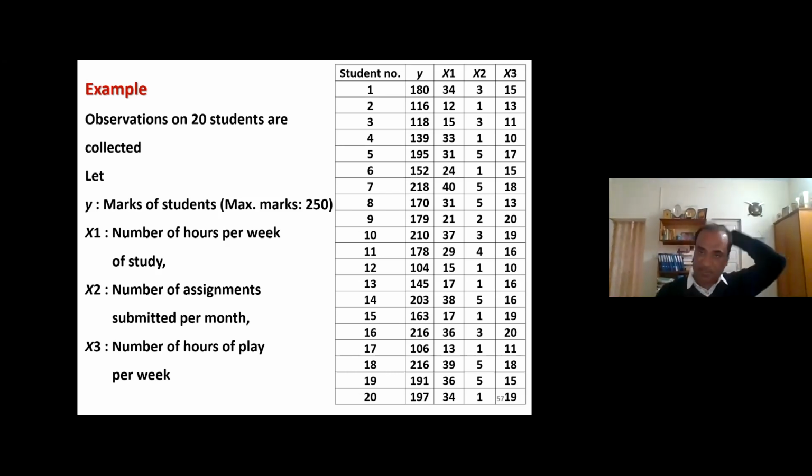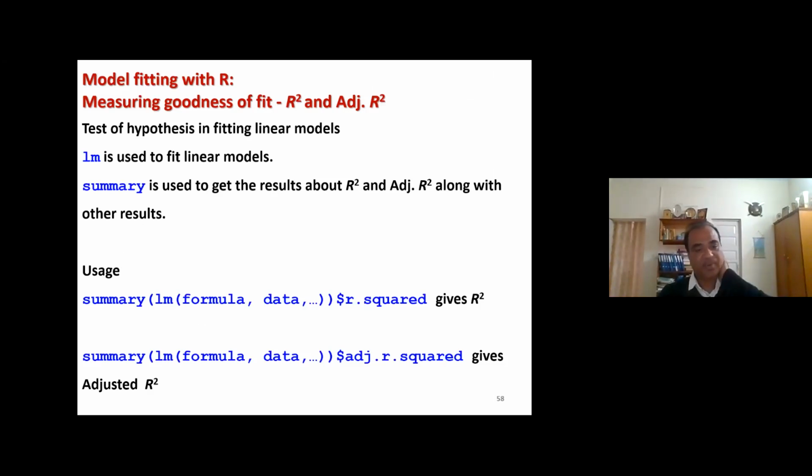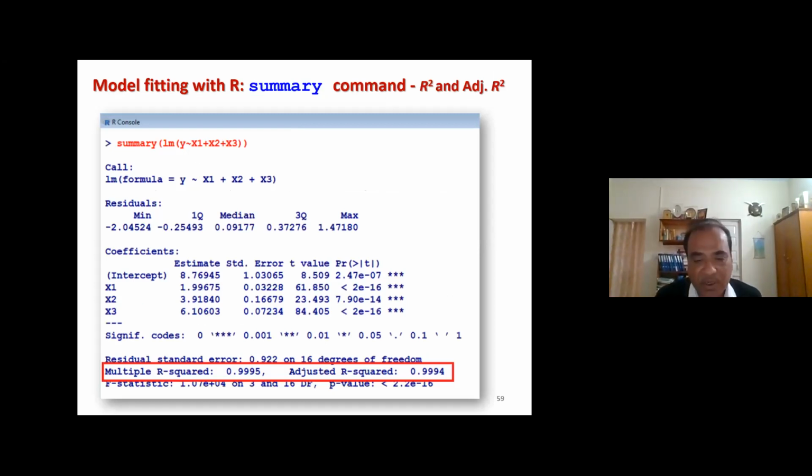So we consider here the same data set, and we have here the value of R square and adjusted R square. Usually software will give both of them. Now if you look into this outcome, towards the bottom I have highlighted a rectangle.